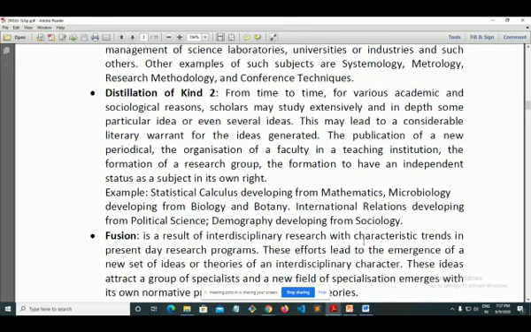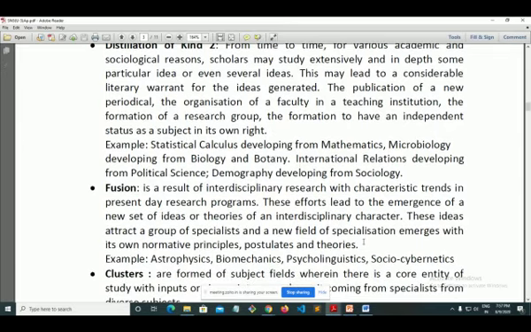developing from sociology. Fusion. Fusion is a result of interdisciplinary research with characteristic strengths in present day research programs. These efforts lead to the emergence of a new set of ideas or theories of an interdisciplinary character.